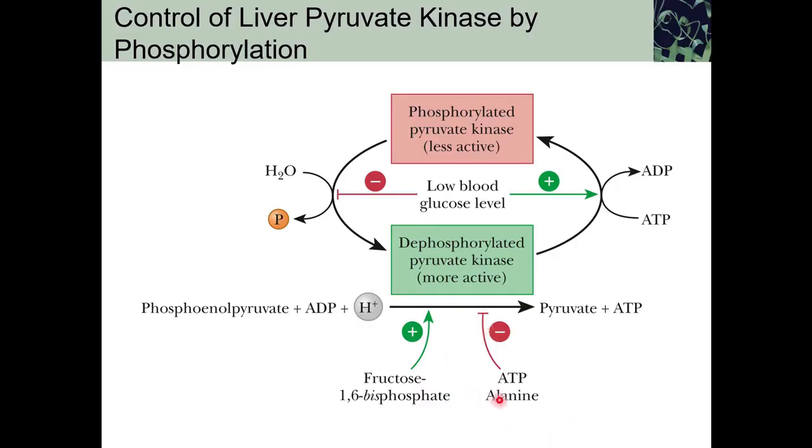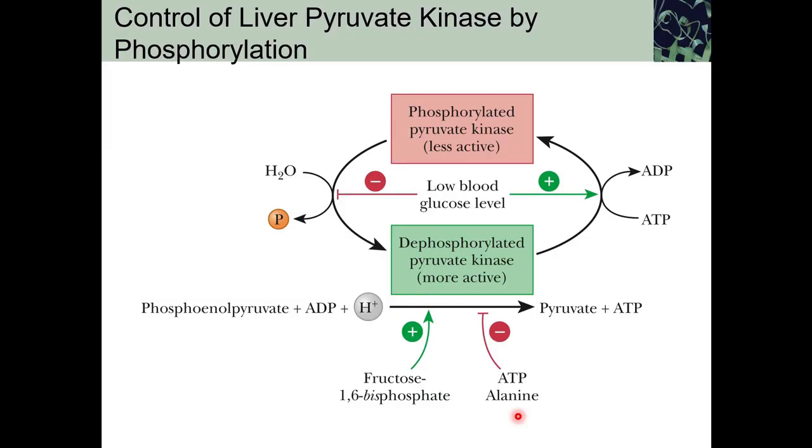Now I'm not sure if you noticed that, but alanine is actually the amino acid form of pyruvate, because pyruvate is the alpha keto acid of alanine. We're going to learn more about the alpha keto acid and amino acid metabolism. But for now, it is important to note that pyruvate is actually converted into alanine.